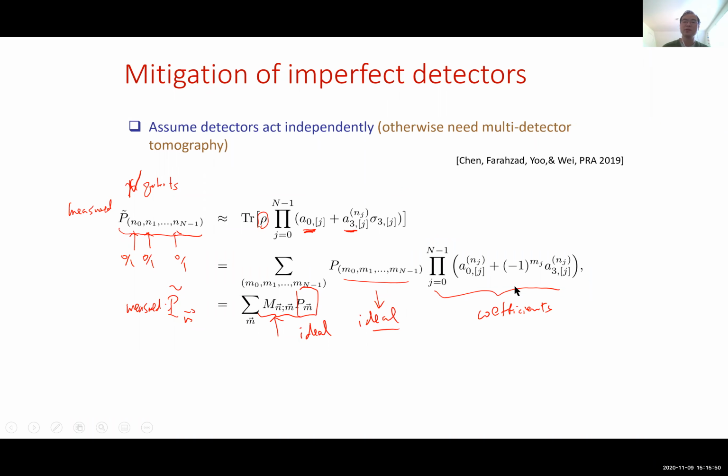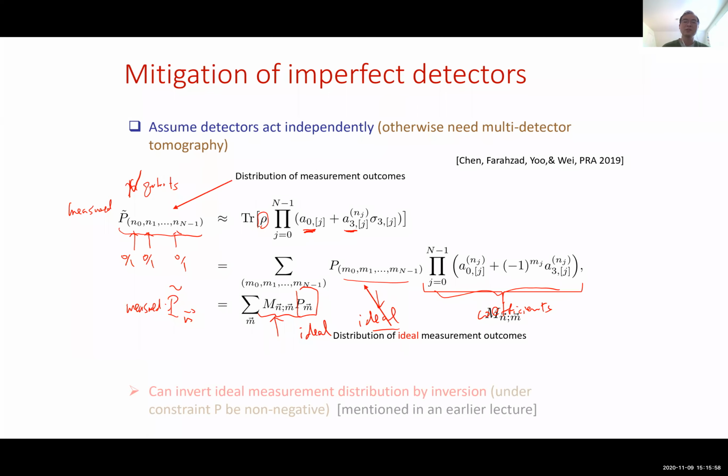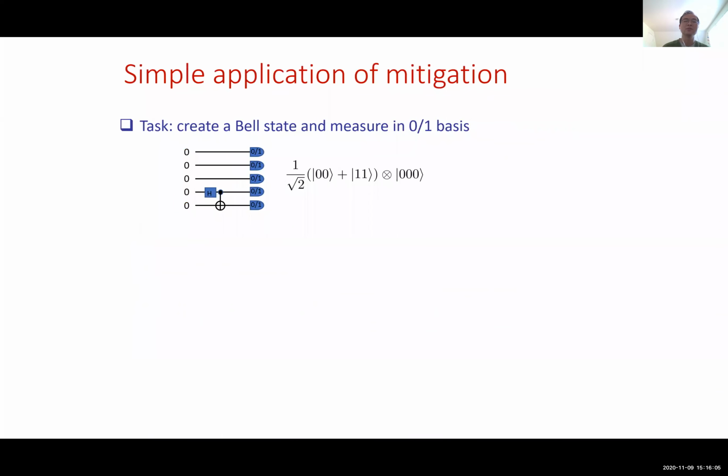And this M is obtained by the detector characterization. So the upshot is that you can invert and then get an ideal distribution.